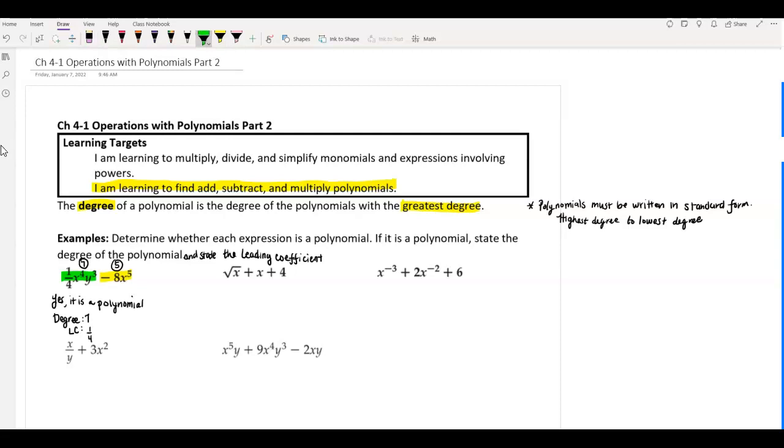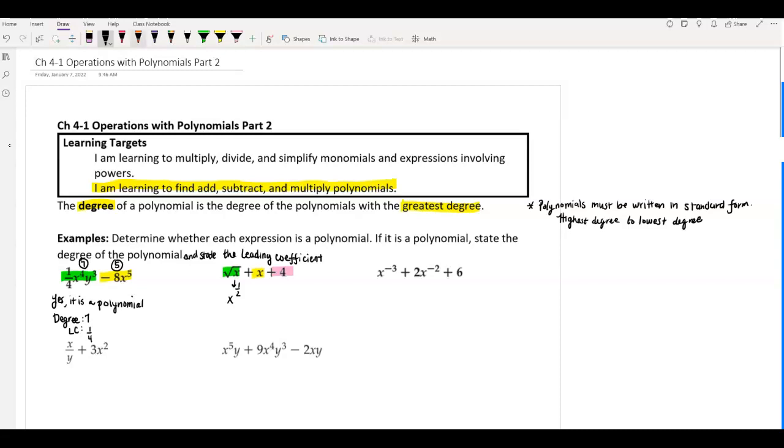Let's take a look at this next example. We have 1, 2, 3 terms. So it could be a polynomial, but we have to take a look. Do we have any negative exponents? Nope, I don't see any negative exponents. Do we have any fractional exponents? Yes, we do. This term right here, the square root of x, can actually be rewritten as x to the 1/2. And we are not allowed to have fractional exponents.